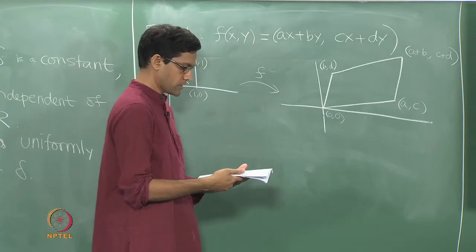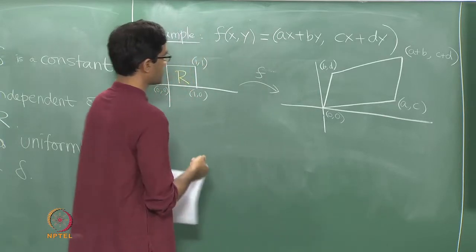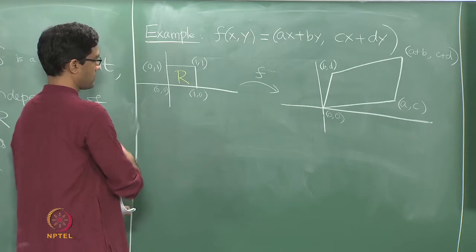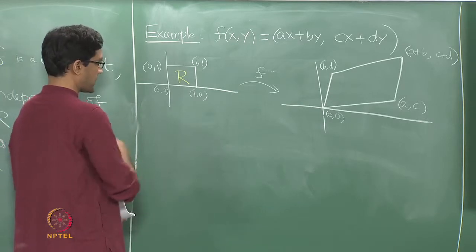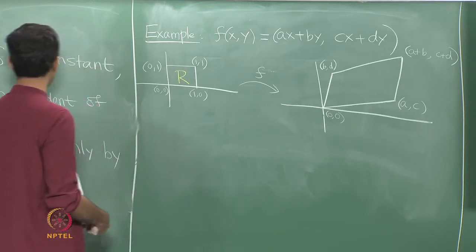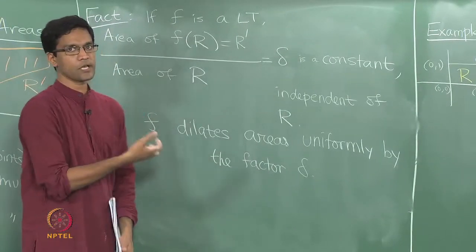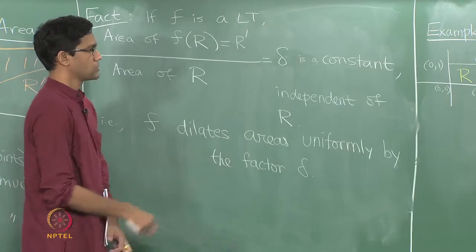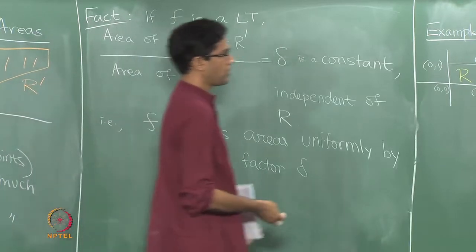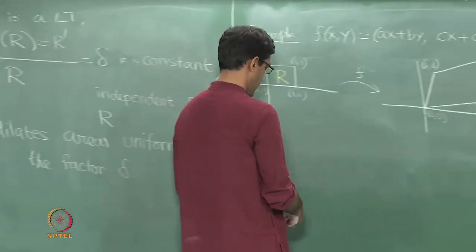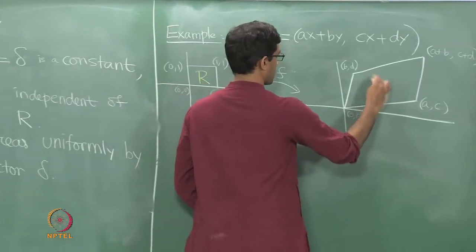Okay. And so now the question really is, in order to figure out this dilation factor, let us for the moment accept this fact as being true, that this dilation factor is uniform, there is just a single dilation factor delta. So to figure out what delta is, all we have to do is take this particular choice of R and R dash.